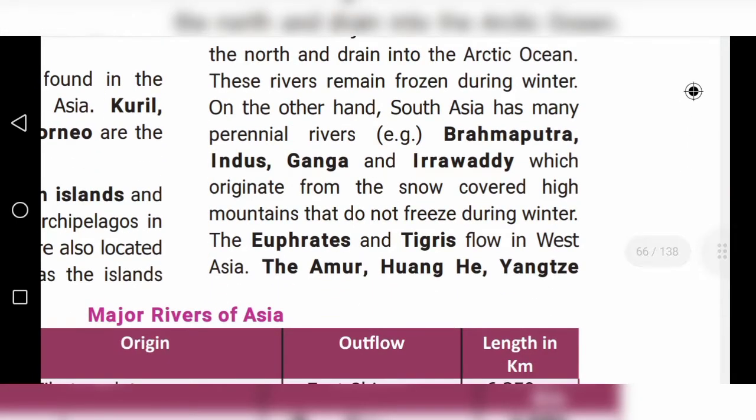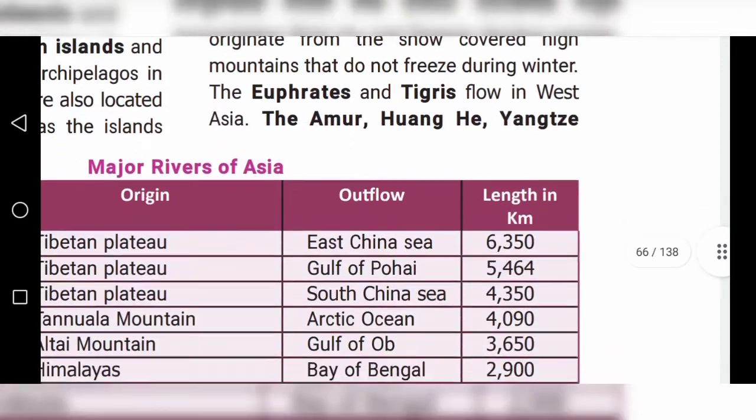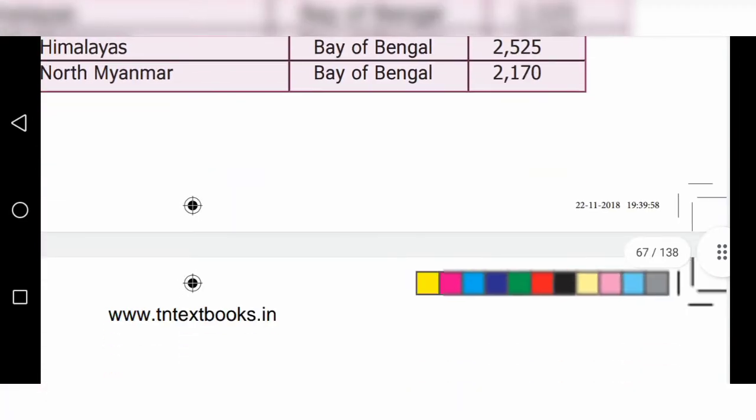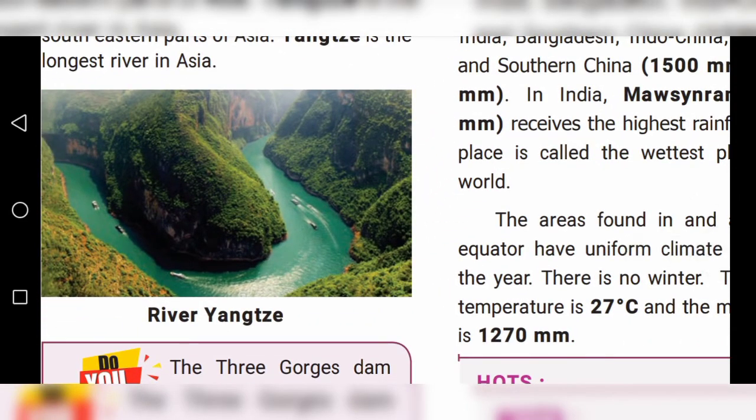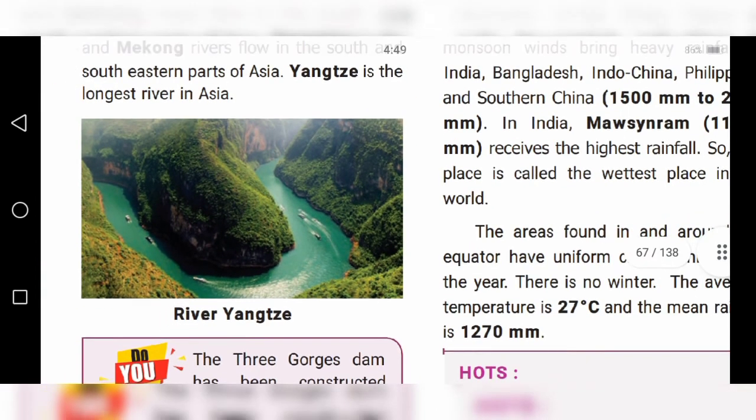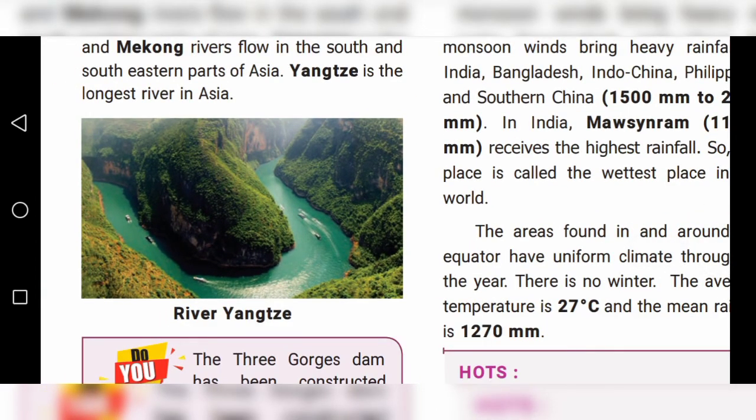The Euphrates and Tigris flow in West Asia. The Amur, Huanghe, Yangtze, and Mekong rivers flow in the east and southeastern parts of Asia. So the Yangtze is the largest river in the continent of Asia.